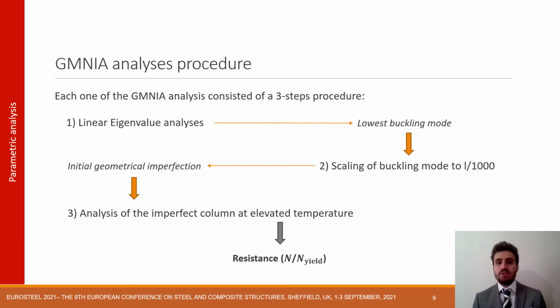This means that the shape of the buckling mode was scaled so that the maximum nodal displacement was set equal to L over 1000. The scaled mode was then used as initial geometrical imperfection and introduced in the model. Finally, the analysis of the imperfect column at elevated temperature was performed and the resistance of the column was obtained.